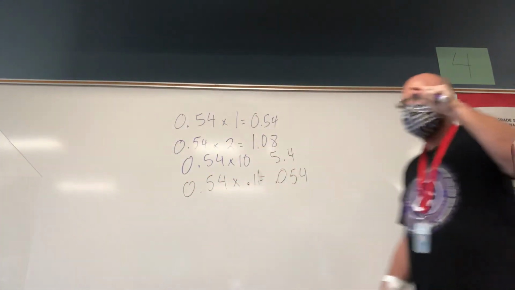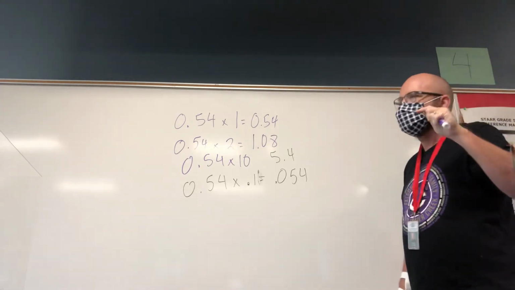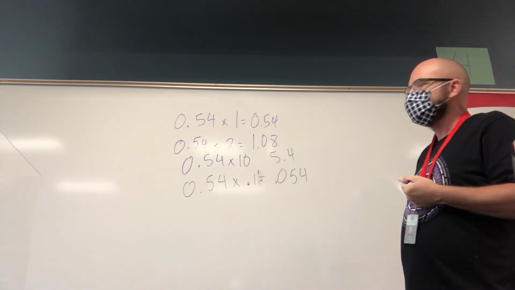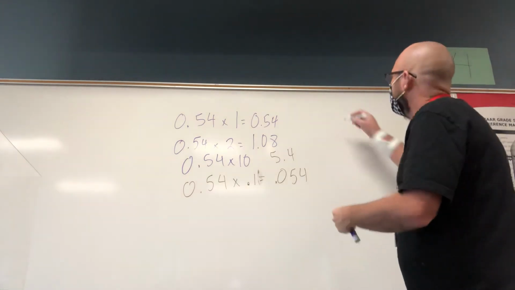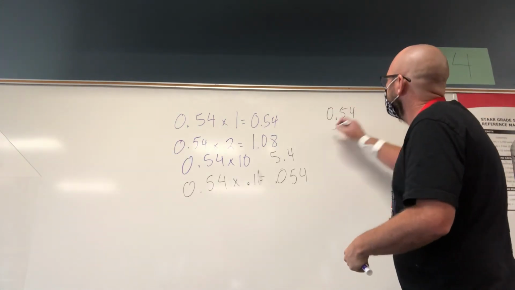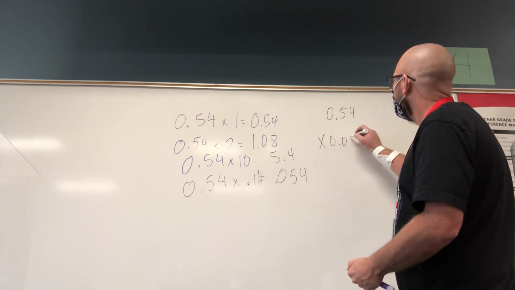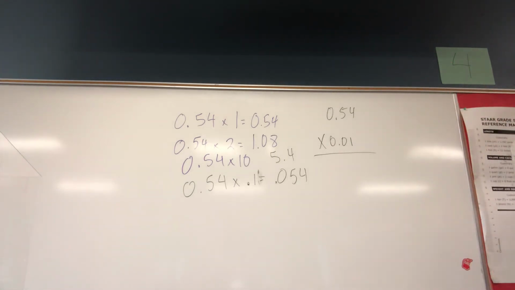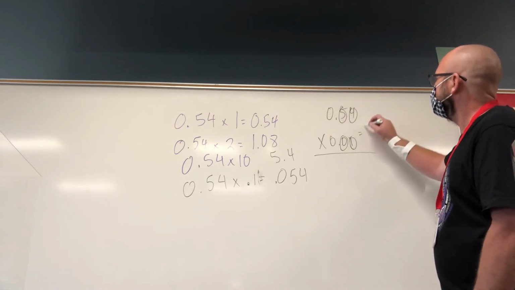So, like you have 0 and 5400. If you were to put a 0 behind a 4, would you then say that 3 digits have to be behind? Yeah. If I multiplied 0 and 54 hundredths times 100, then there are 4 numbers behind the decimal.